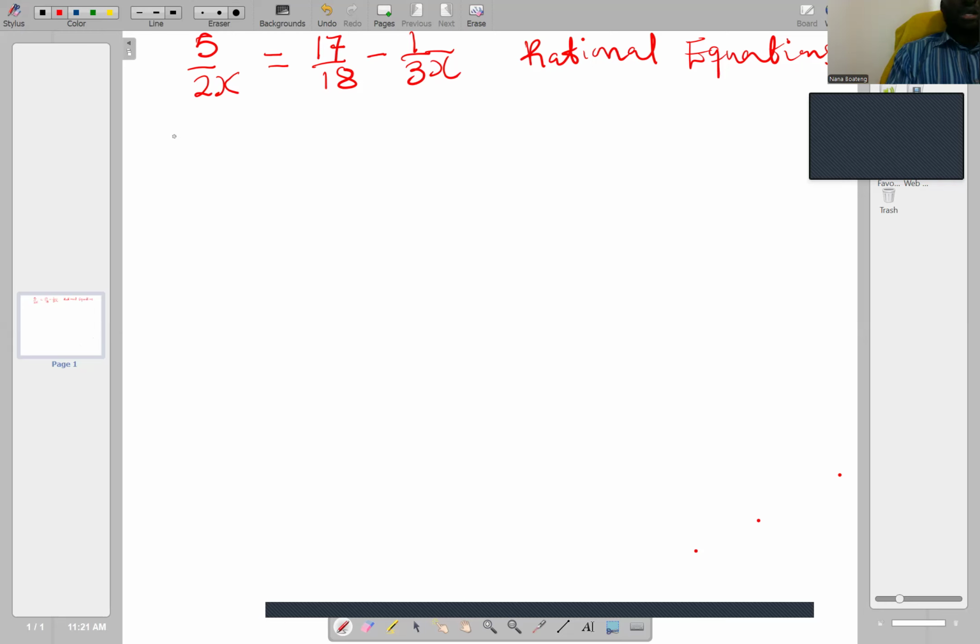All right, so 2x divides 18x 9 times, 18 divides 18x x times, and 3x divides 18x 6 times. So we have 9 times 5 is equal to 17x minus 6.